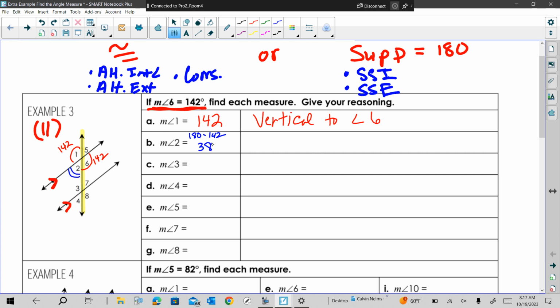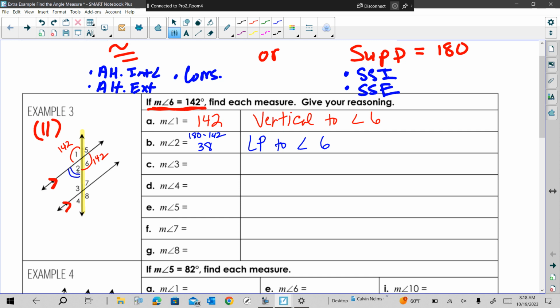So I'm using my linear pair. I can say LP for linear pair to angle 6, or you could have said to angle 1, because we have that measure to use as well. LP means linear pair. Are we okay on that?